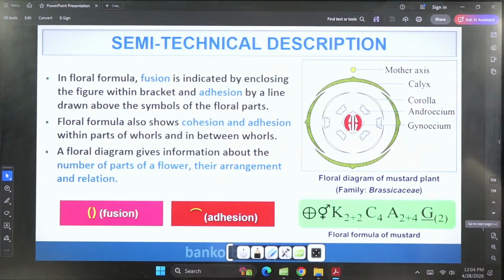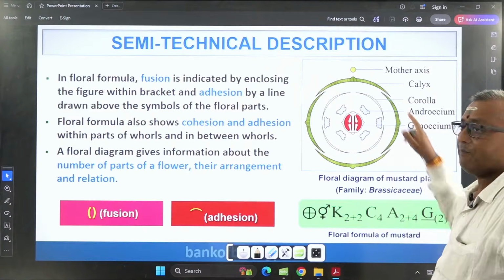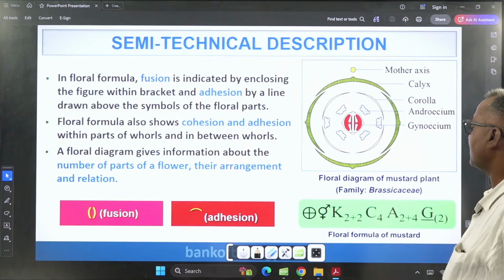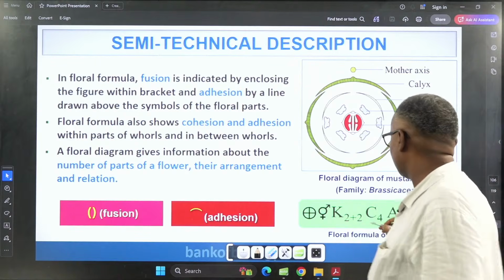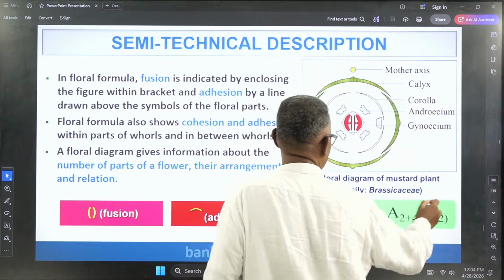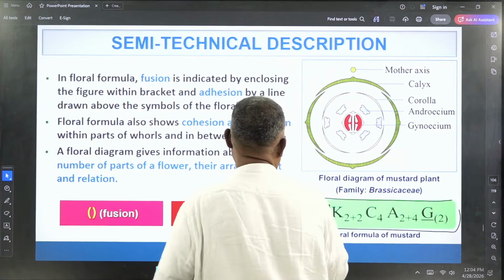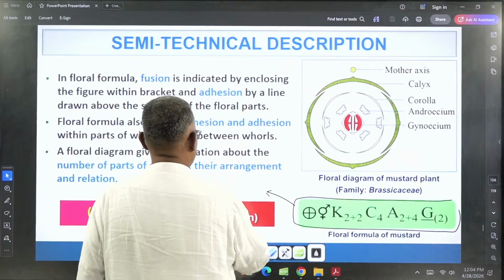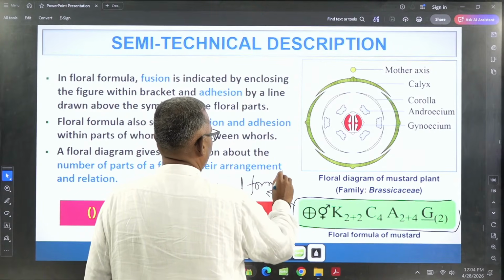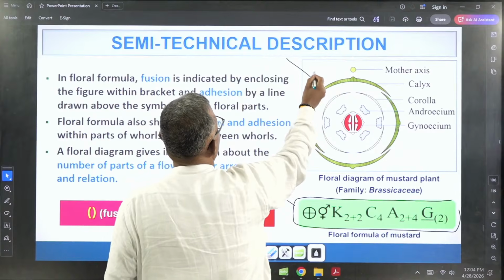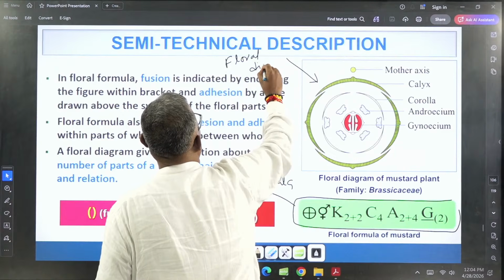Next, look at this diagram. Can you see this diagram? Now this diagram is considered to be a floral diagram. Now can you see this formula at the bottom of this floral diagram? This is called floral formula. And this is floral diagram.